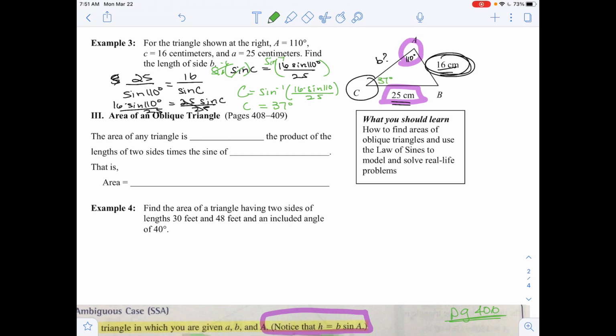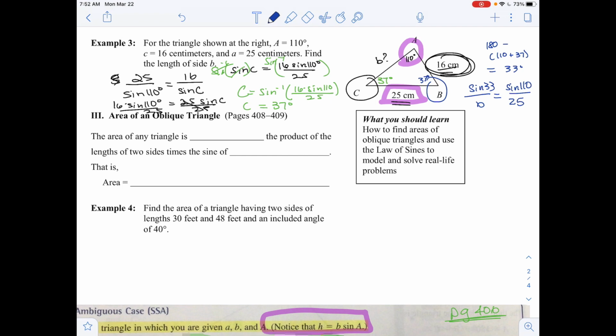Now that I know that it's 37 degrees, we can easily find angle B if I take 180 and subtract the sum, and we get 33 degrees. Now, if I want to find side B, we can set up the law of sines again. We can say the sine of 33 all over side B equals, and we can use either of these sides, sine of 110 all over 25.